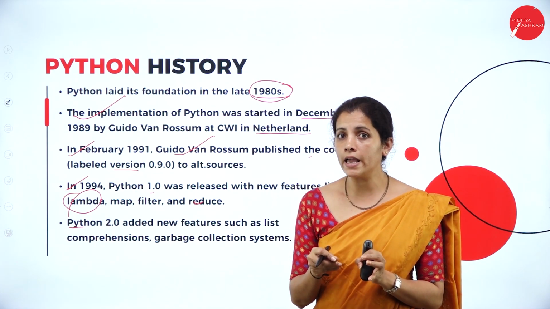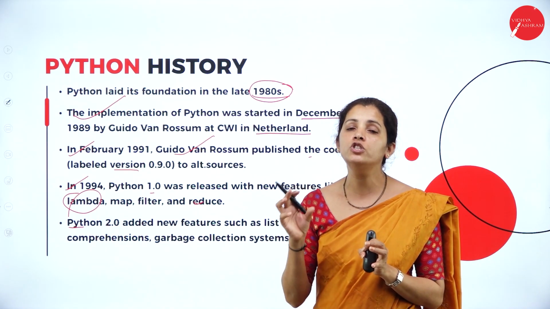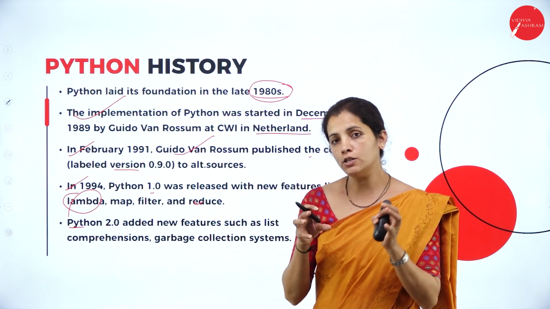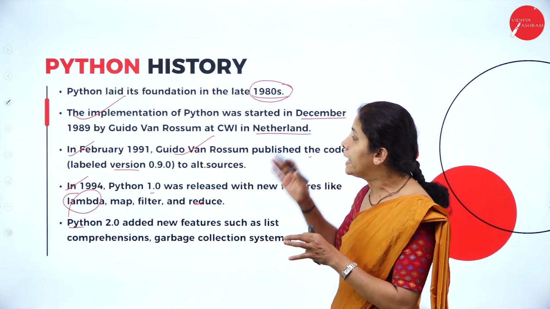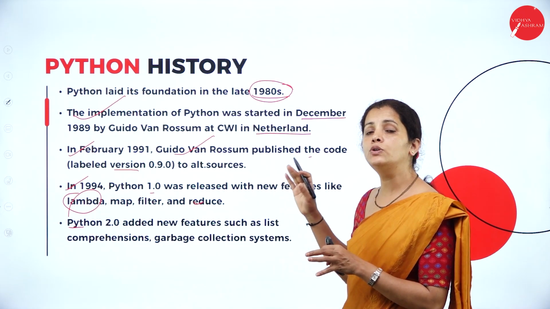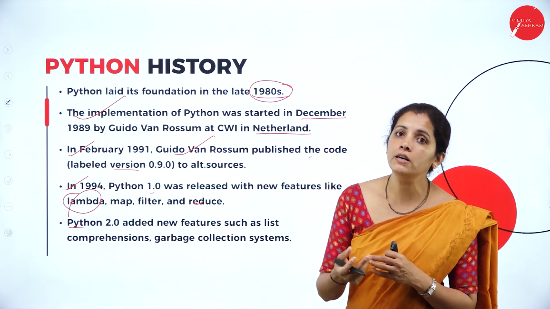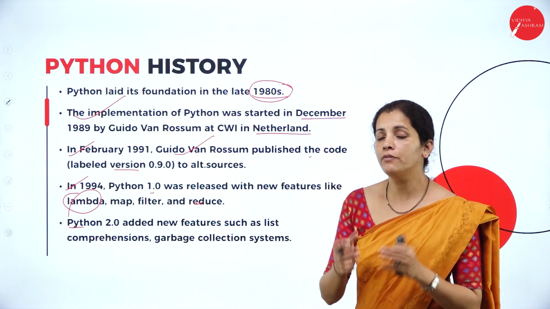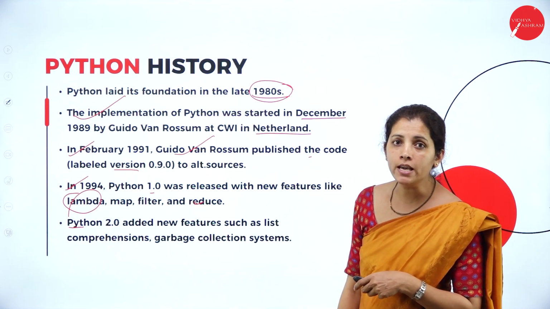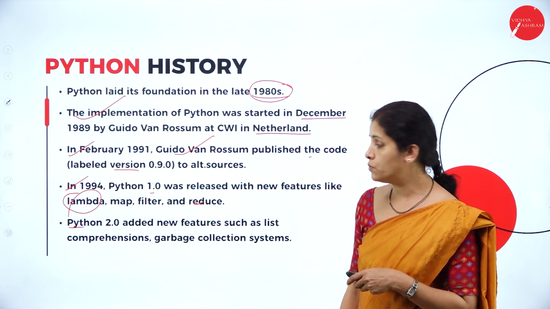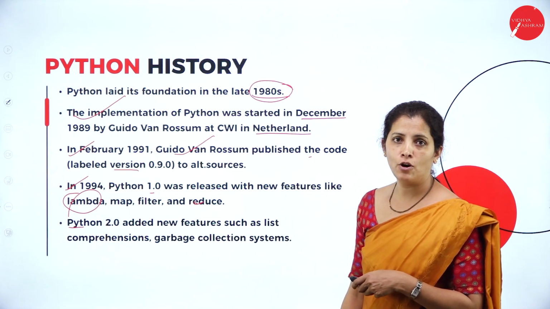What is an array? An array is nothing but a collection of homogeneous elements, meaning the same kind of element. But in Python, we can store an ordered collection of elements or an unordered collection of elements. For that we have list. And to manage memory allocation, we have a garbage collection system in Python.